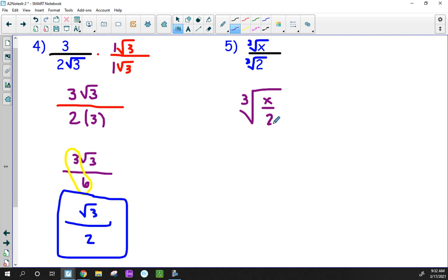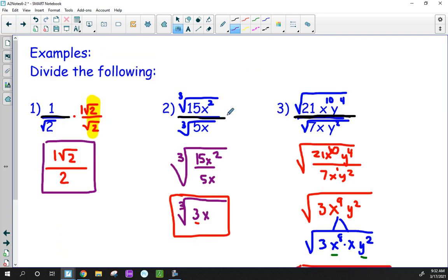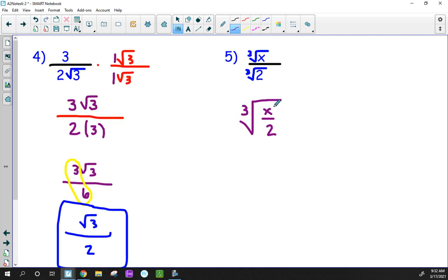Now I'm writing it down to let you look at it, but we can't divide x by 2. We don't know what x is. So this problem, even though it does look like number 2 and number 3, when you cannot divide the radicand on top by the radicand on the bottom, there's really no need in writing it like this.